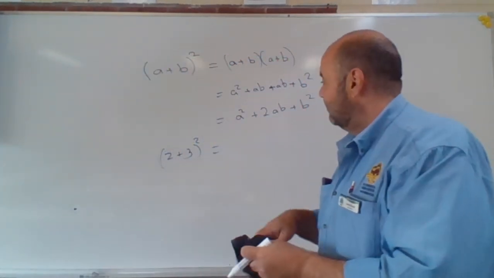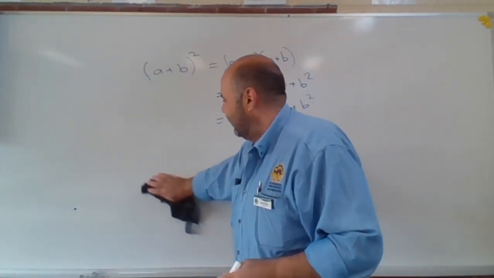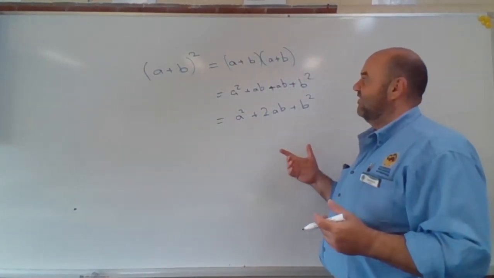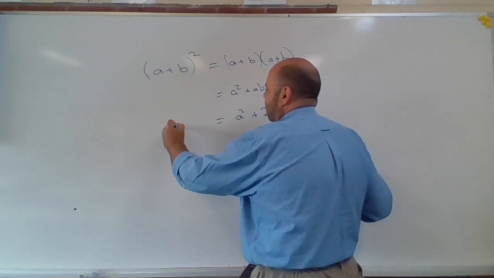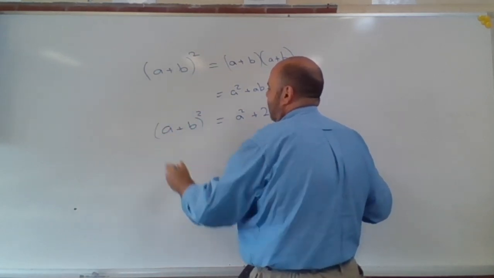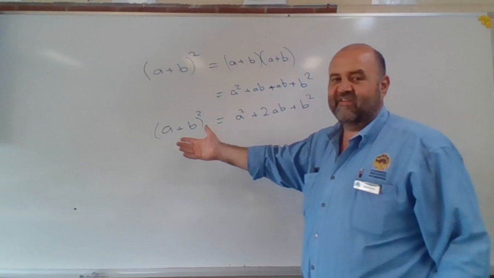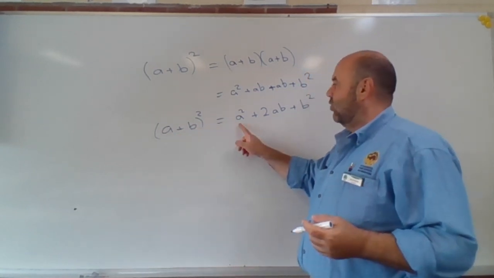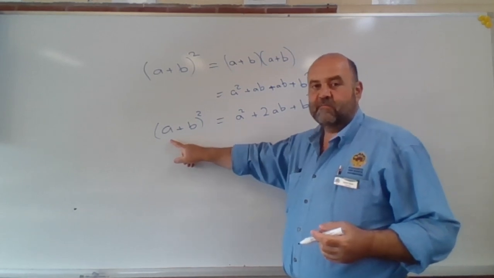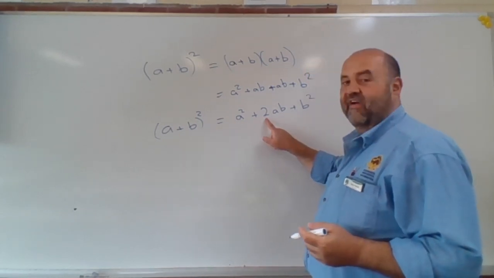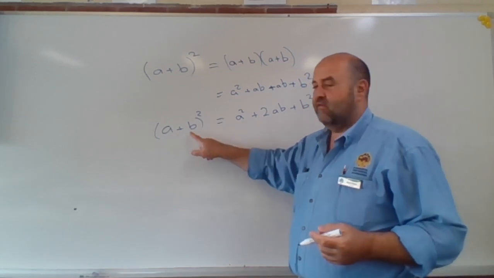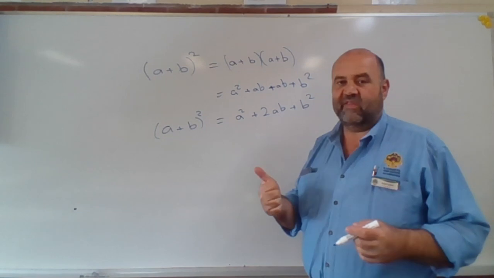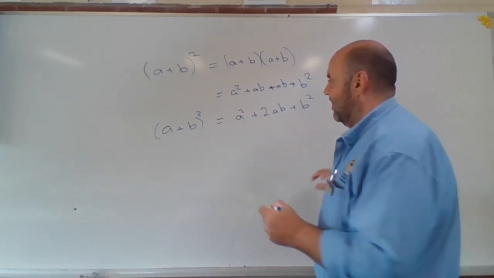Back in the old days, before maths was cool, the way we used to say this was: if you had what's called a perfect square, then to expand it, you squared the first, then you had twice the product, and then you squared the last. So square the first, twice the product, square the last.